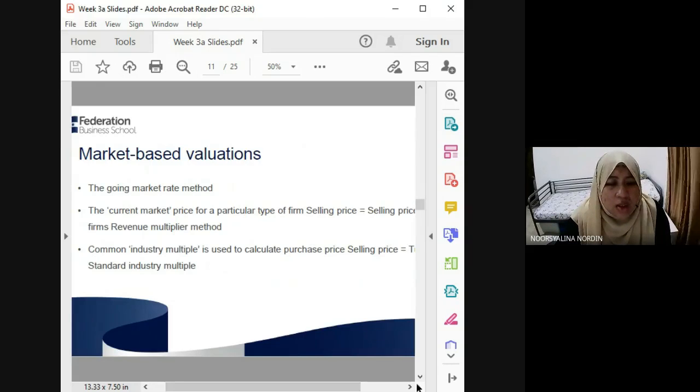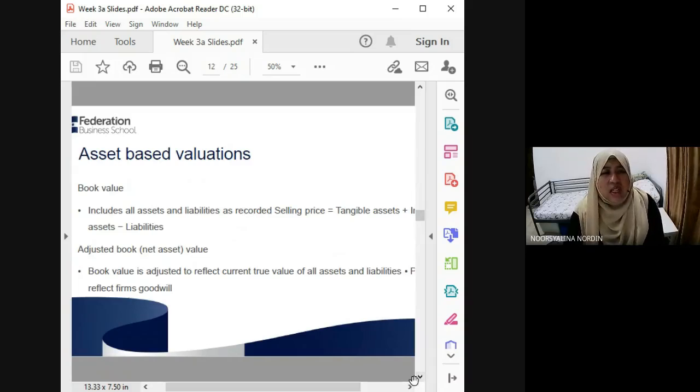Okay, alright, so we are moving on to the asset-based valuation, which is according to book value. You can mostly learn this in finance class, financial management or financial accounting, if I'm not mistaken.